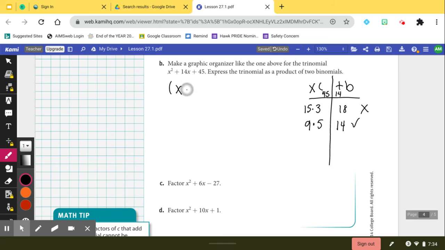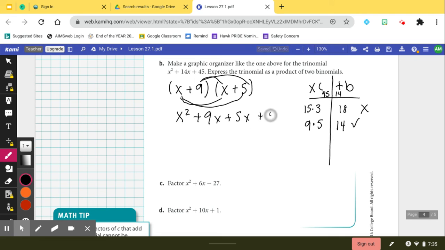So this would be x plus 9 times x plus 5. And again, we can check it. We get x squared plus 9x plus 5x plus 45. So we get x squared plus 14x plus 45.